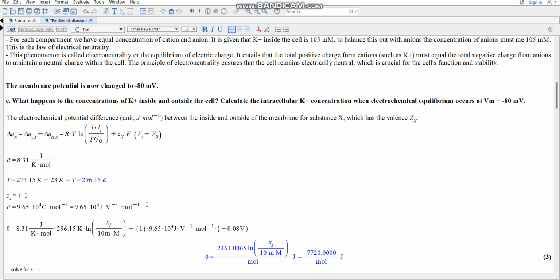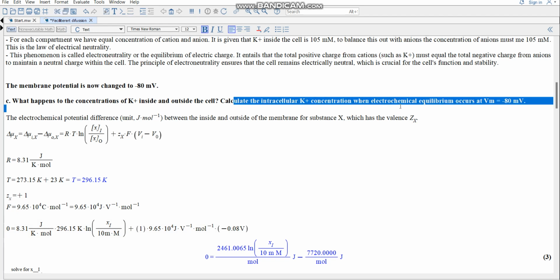Now, of course, we also have the membrane potential, which is now changed to -80 millivolts. So this is given right here. Now, they're asking us the intracellular K+ concentration when electrochemical equilibrium occurs.